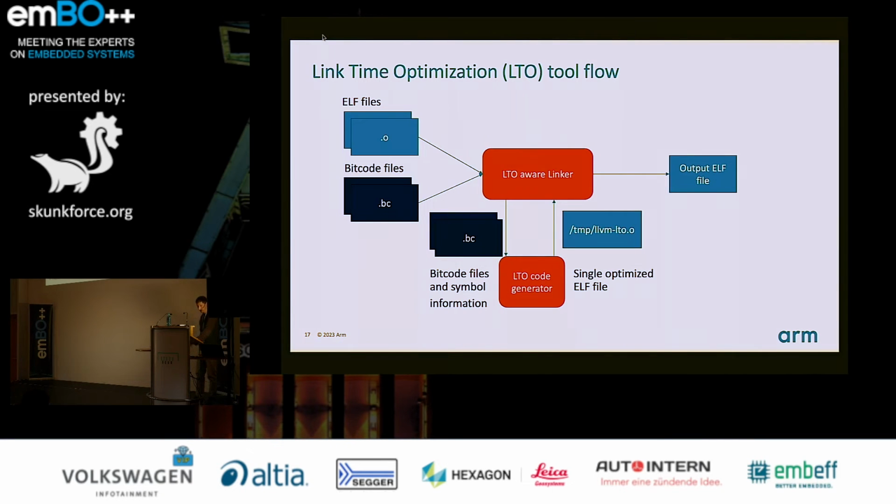Okay, the final slide I've got here is a little bit about link time optimization, because this is something I mentioned earlier on, that link time optimization can be a pain for something like CFI. Certainly, if any of you are able to use link time optimization, it can get you quite a bit of performance and code size benefits.